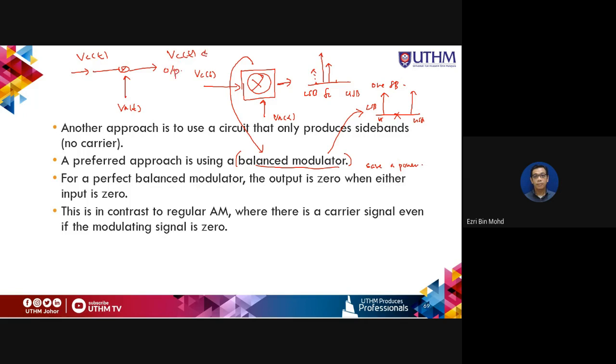So here it becomes an unmodulated carrier to be transmitted. This is for conventional AM, or the double sideband full carrier modulator. This is in contrast to regular AM, where there is a carrier signal even if the modulating signal is zero. That is what I am explaining.